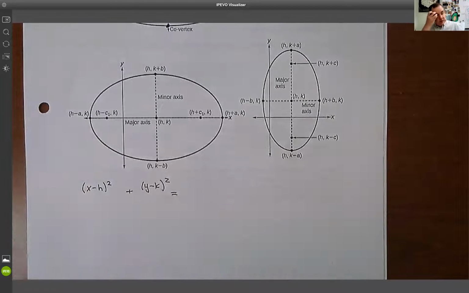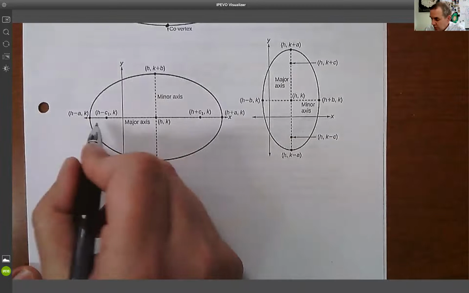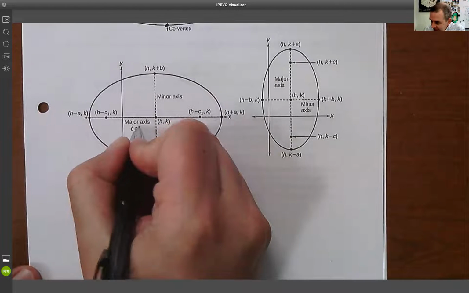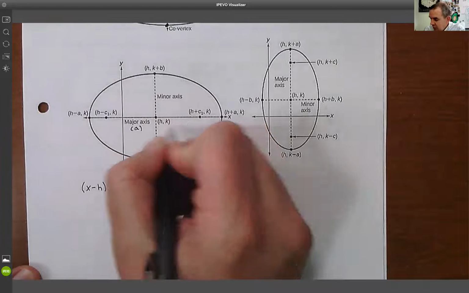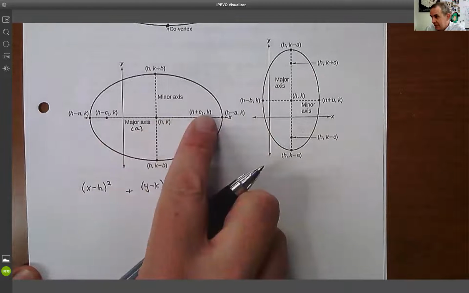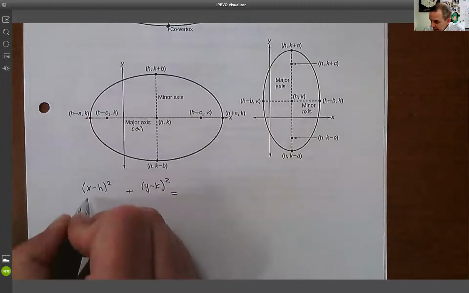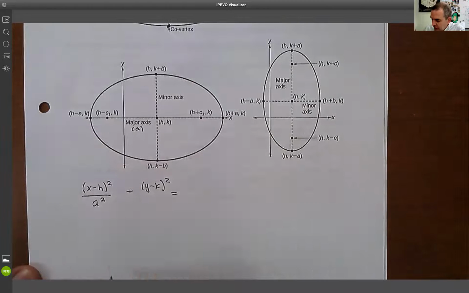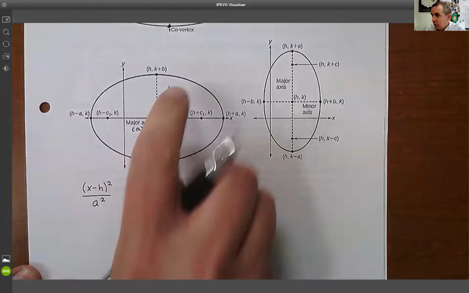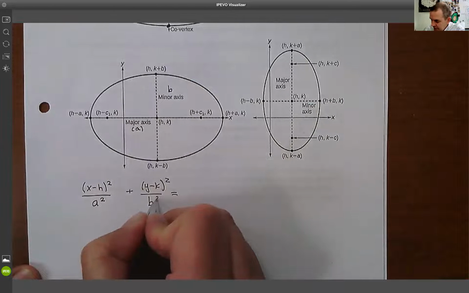Here is where the difference comes into play. The major axis runs horizontally. This major axis a runs along the x-axis, so it's going to be over a². Our minor axis b runs up and down, so that goes under the y term, over b².